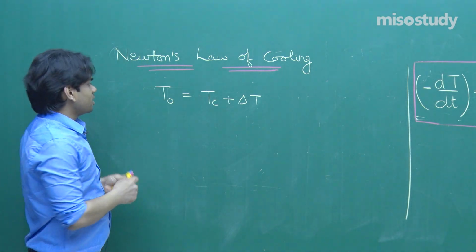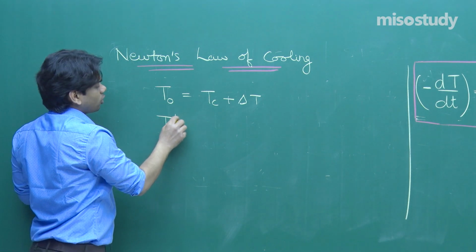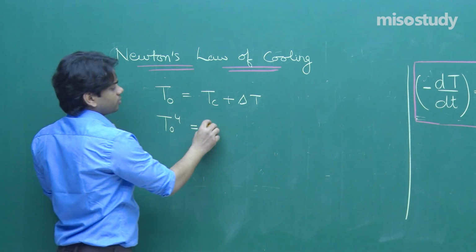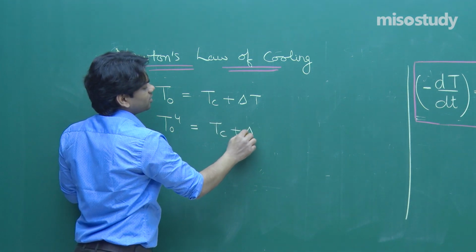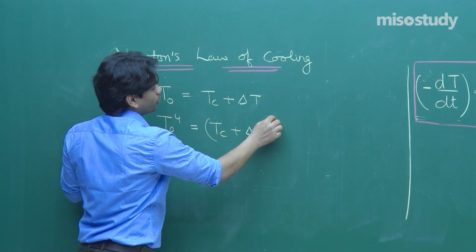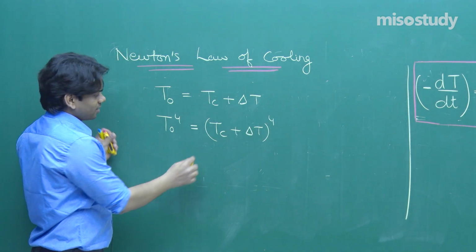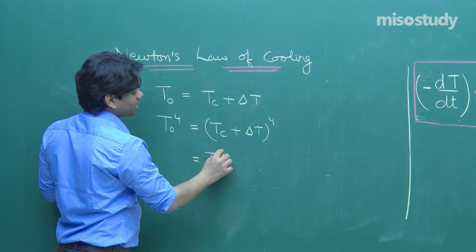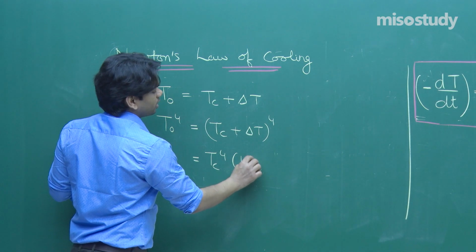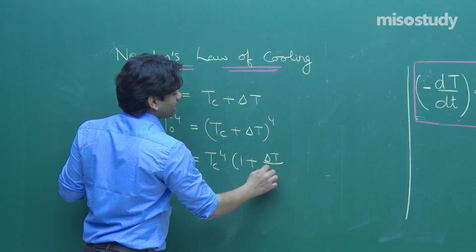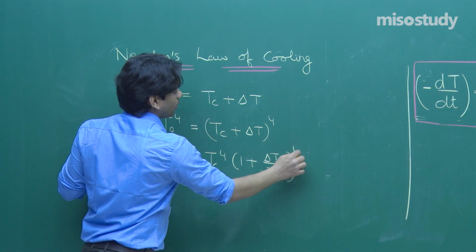So T naught power 4 can be written as (Tc plus delta T) power 4, not a big thing. Now we can take Tc outside, so Tc power 4 will come out, and here we are going to get (1 plus delta T by Tc) power 4.